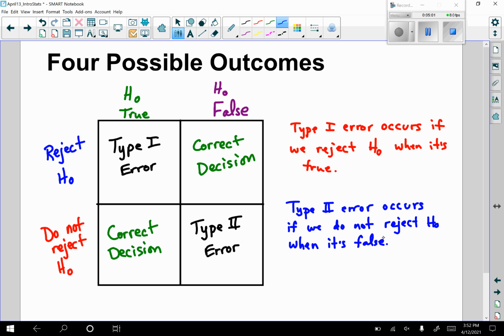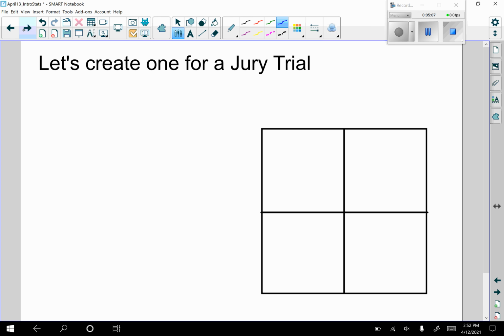So to compare the seriousness of a type 1 versus a type 2 error, we're actually going to do this for a jury trial. So again, we're going to say that H naught is true, and then this would tell us that the person would be innocent.